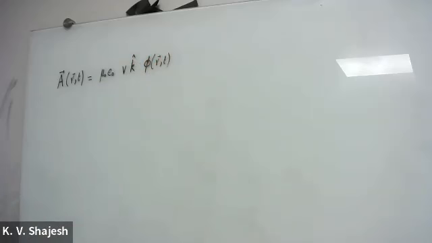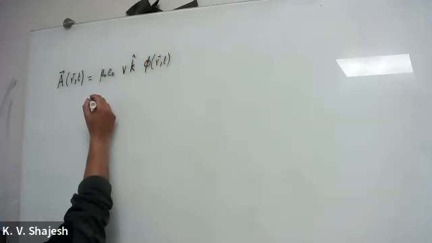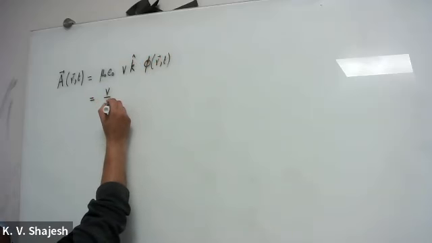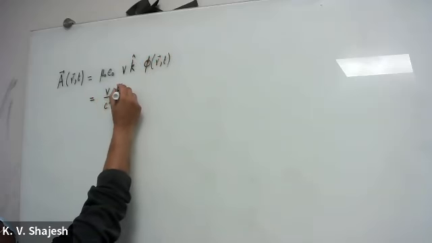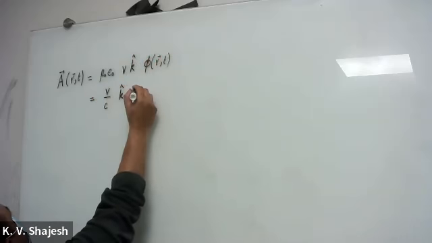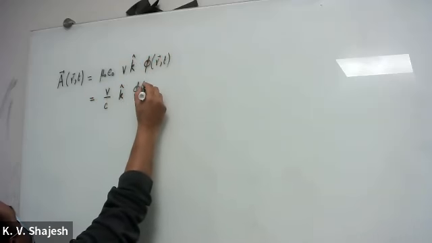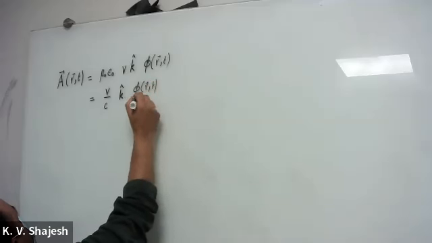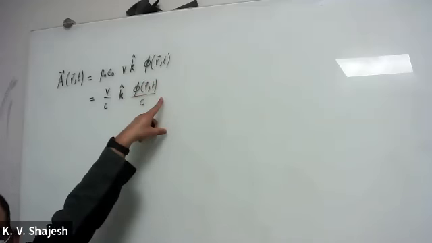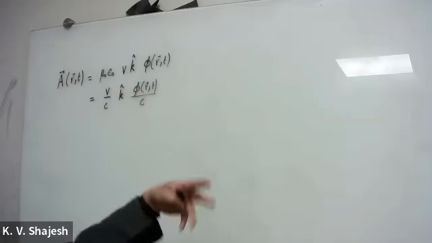In fact, it will always be v times that. So this is equal to v over c squared times k hat times phi of r, t. Is that clear? So if I get my scalar potential, my vector potential is obvious.